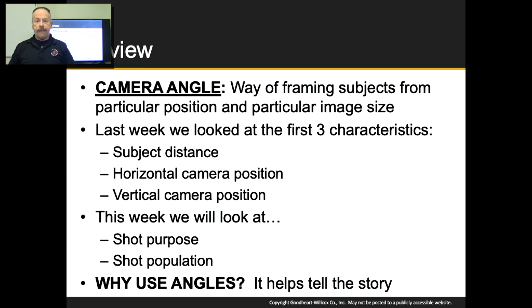If I hear something, and I turn over here and look, and it affects my emotions, you may want to go to a really extreme close-up shot. You see a tear running down my face, or something like that. It helps tell the story. So that's why we're using camera angles.